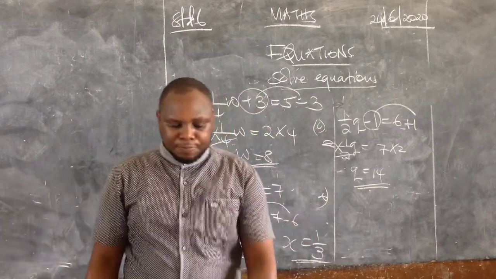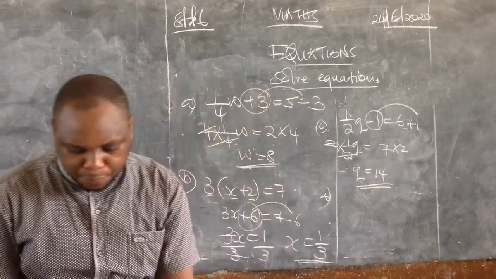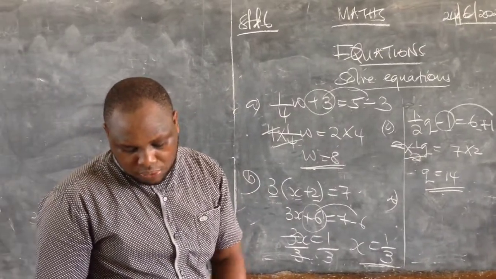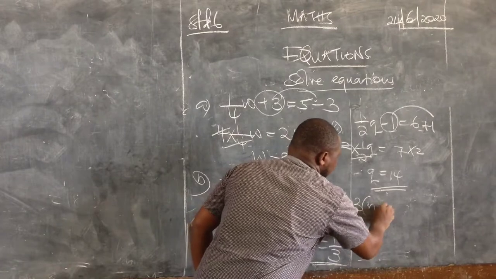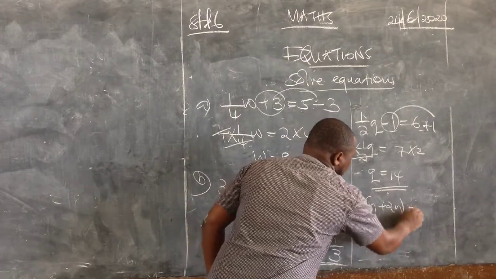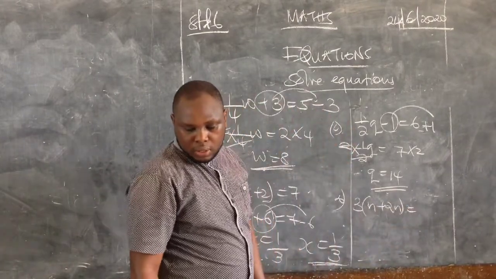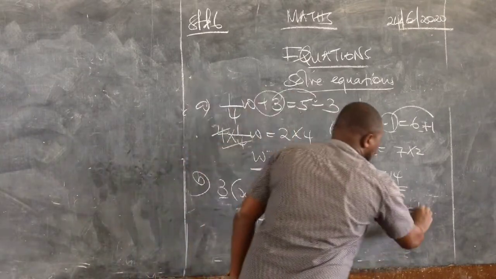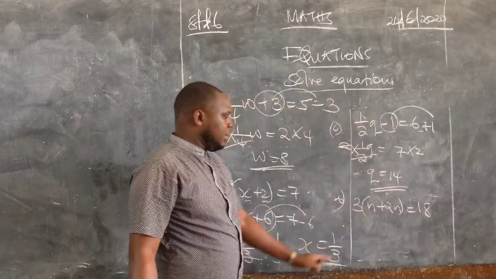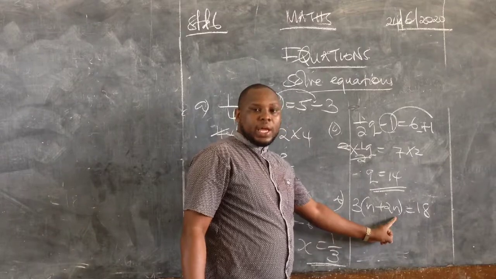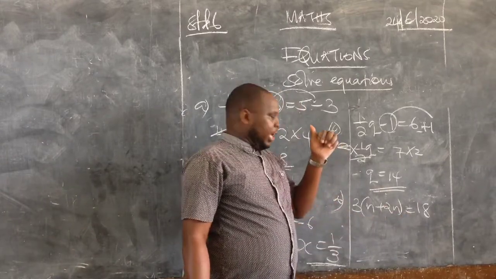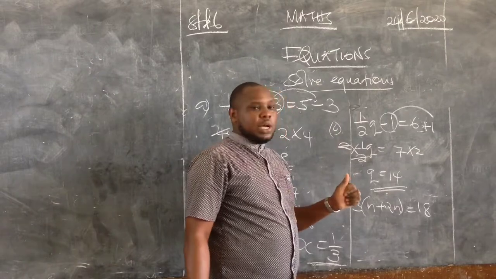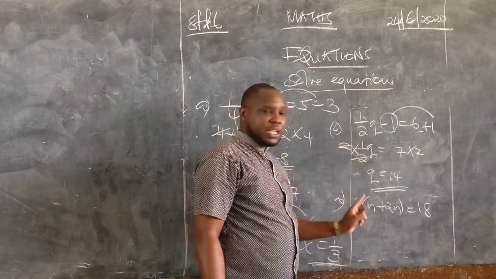Another example, learner. 3 into n plus 2n is equivalent to 18. Remember what I told you, learner? Each number inside the bracket is supposed to multiply by the number outside the bracket.